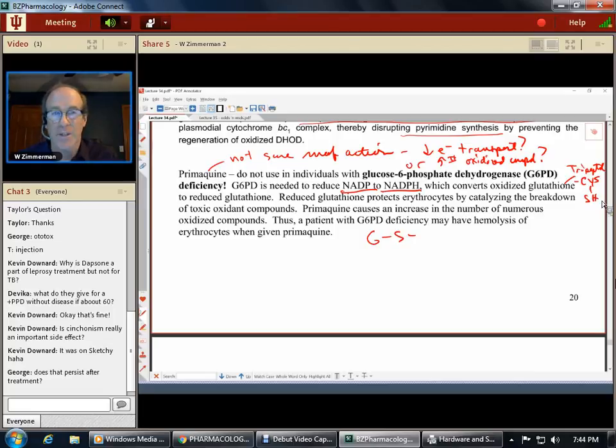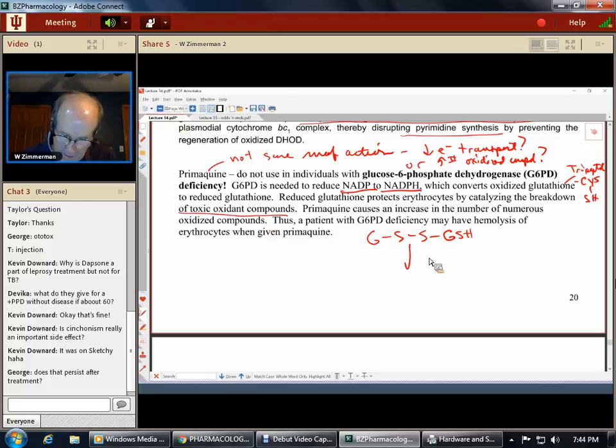Well, when it's oxidized, you've got two of those cysteines bound to each other. And when those sulfurs are bound up, they can't do anything.